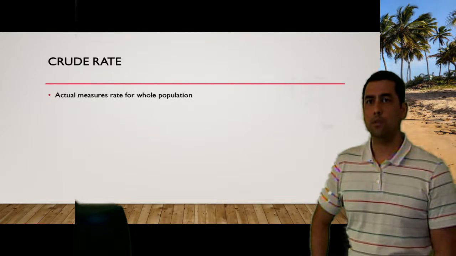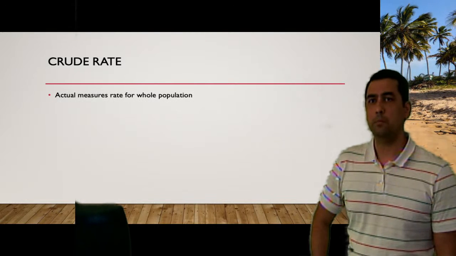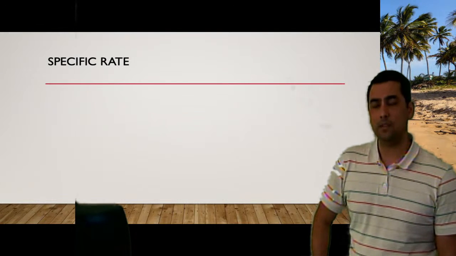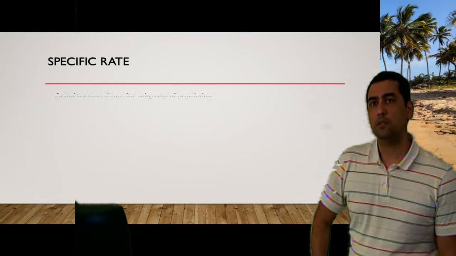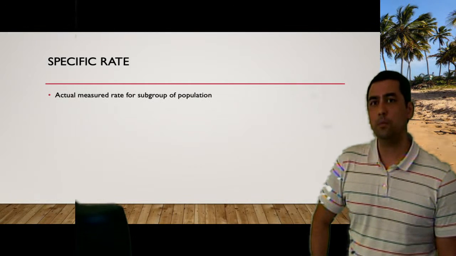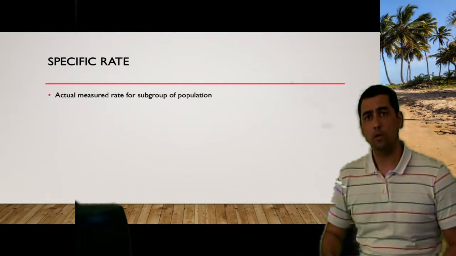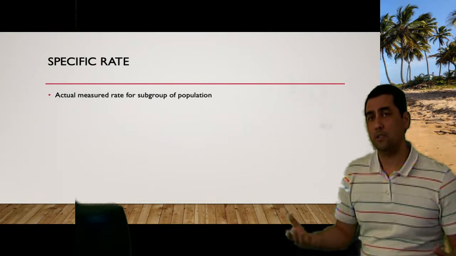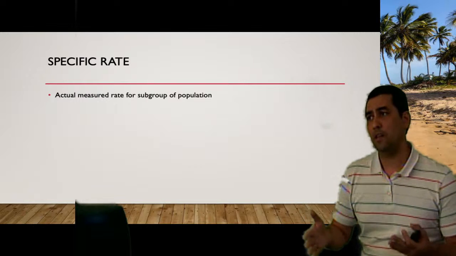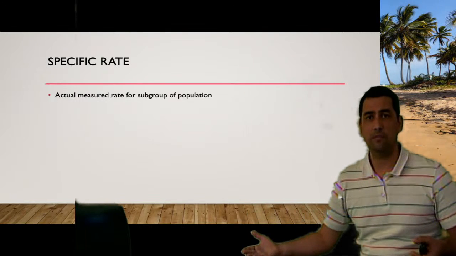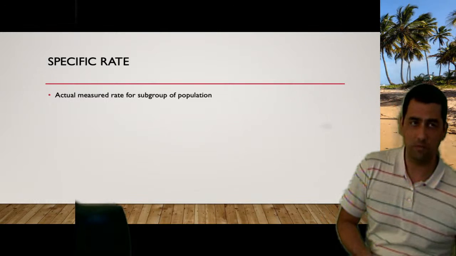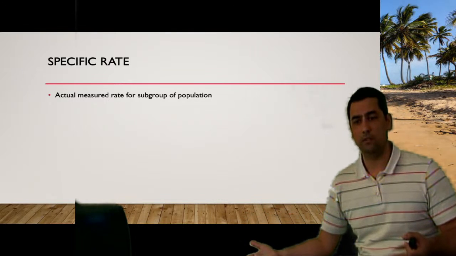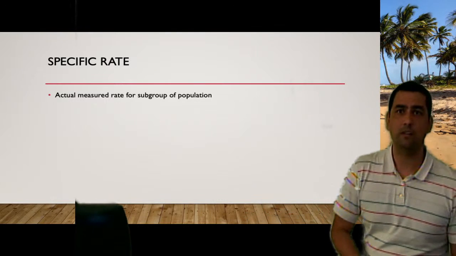Crude rates. Crude rate is the actual measured rate for a whole population. Specific rate is the actual measured rate for a subgroup of the population. For example, crude rate is the disease in the whole population. But if you divide it between less than 50 years and more than 50 years, that is specific, okay?